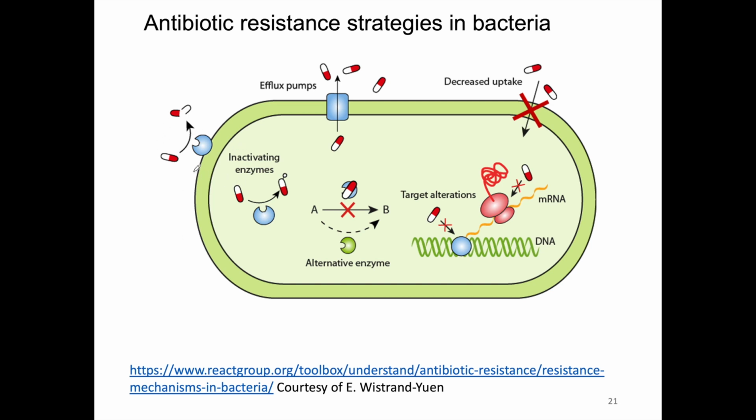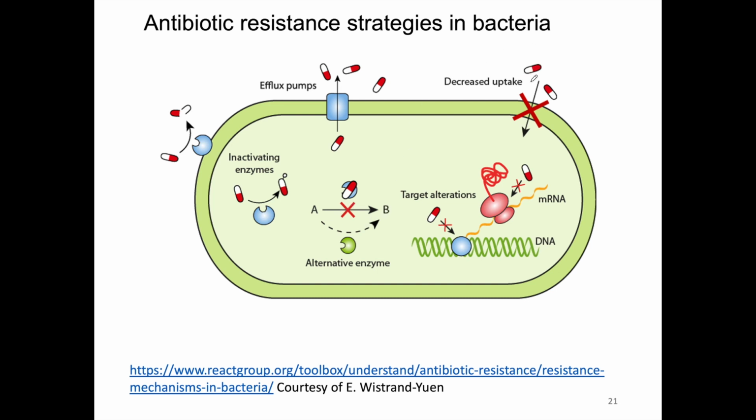So there are inactivating enzymes that will cleave our drug molecule or append some different functionality to our drug molecule. We have efflux pumps that, if the drug got into the cell, can pump it out, so the concentration is never high enough. Maybe an alternative enzyme pathway is switched on to convert substrates to products. So even if our drug shuts down one pathway, another pathway exists.